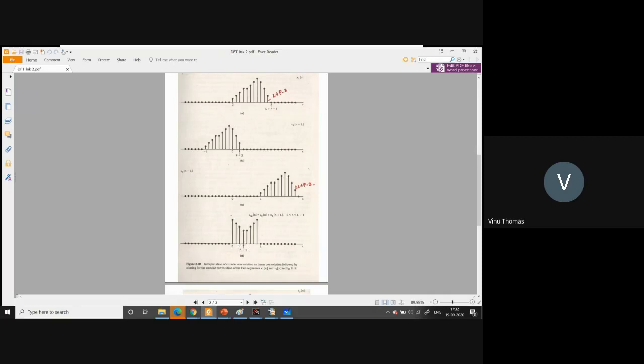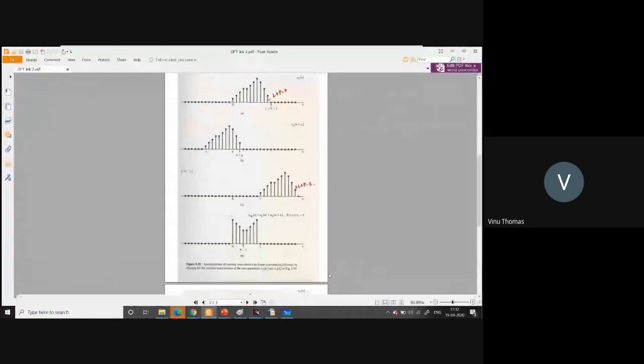P was equal to 4 in our example, so P minus 1 is 3. The samples from number 3 to L minus 1; L was equal to 8, so L minus 1 is equal to 7. So samples number 3, 4, 5, 6, and 7 are correct for this example.